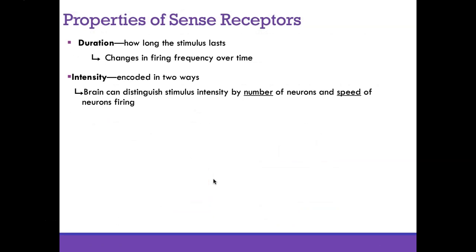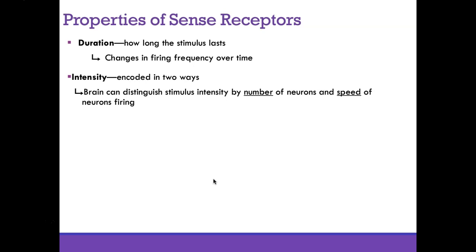Duration is also encoded by the sense receptors. How long the stimulus lasts is encoded by the firing frequency within the passage of time. Basically, how frequently the neurons fire and how long the stimulus lasts will be transmitted by the sensory receptors.